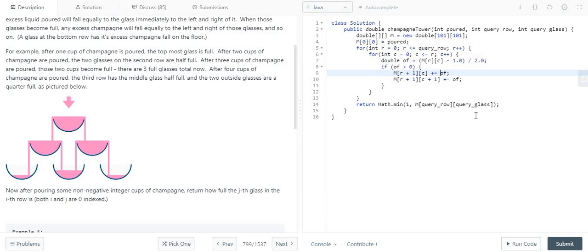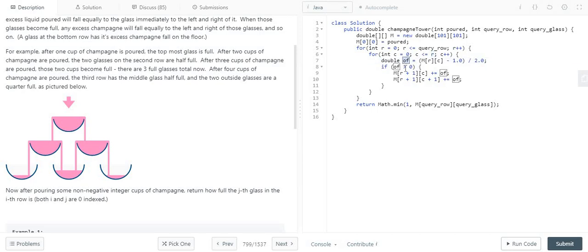That's the logic. And finally, here I am writing the condition. This is one of the corner cases. Let's say the poured quantity is 2, and we initialize the 0 0 row and column to 2, and the query row and column are both 0 0. It will come inside this and check 2 minus 1, which becomes 1.